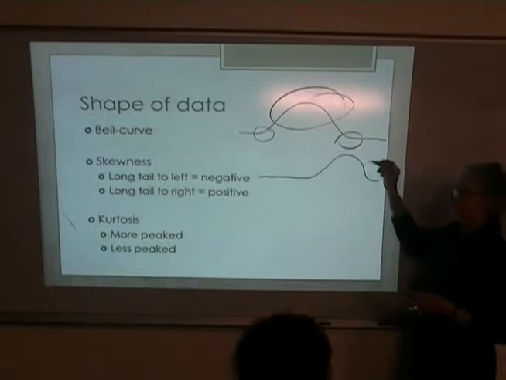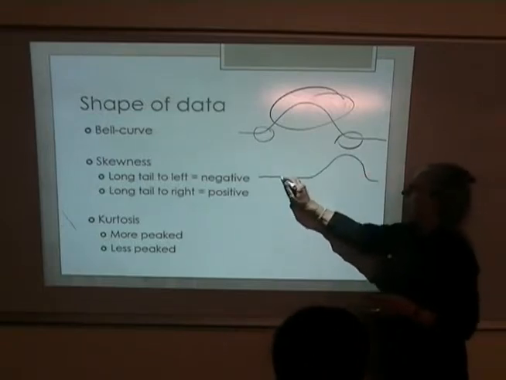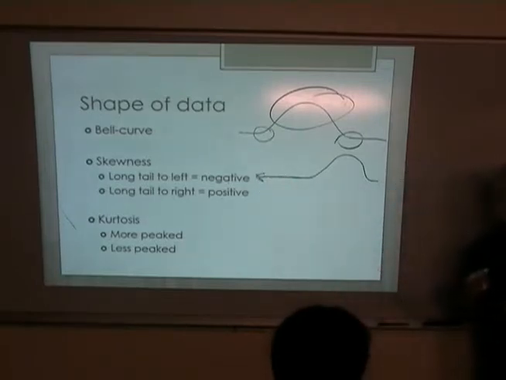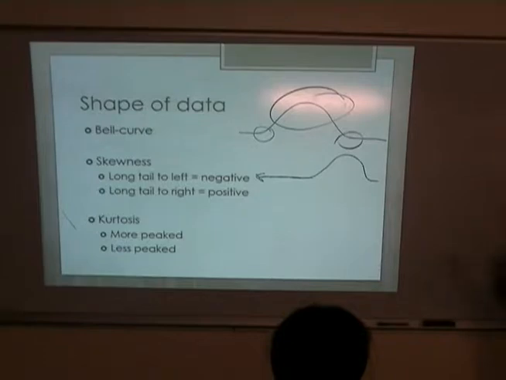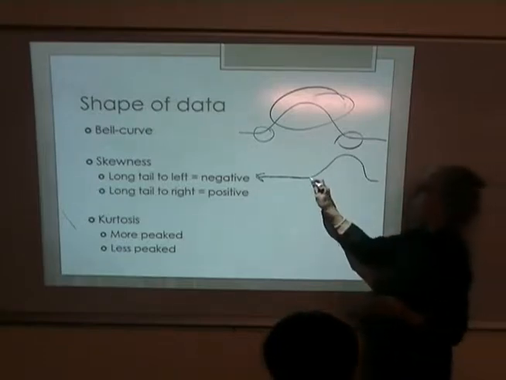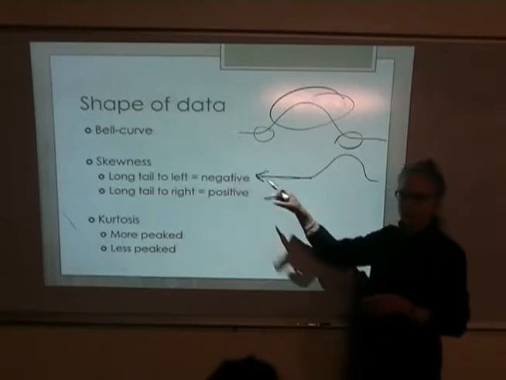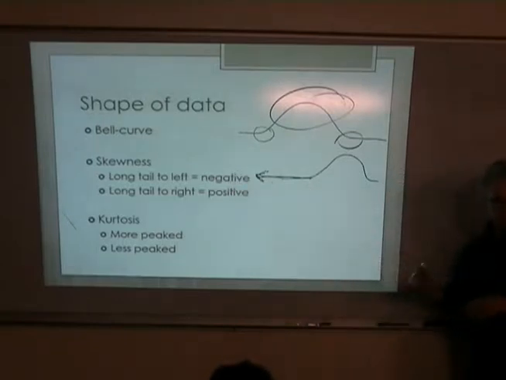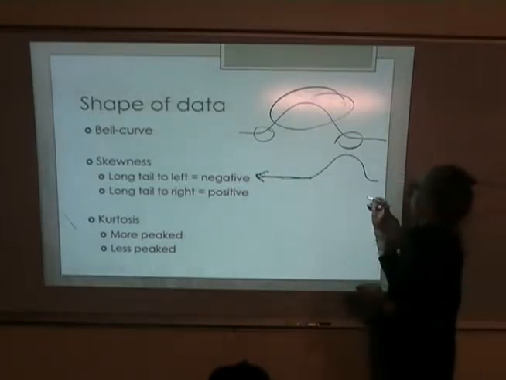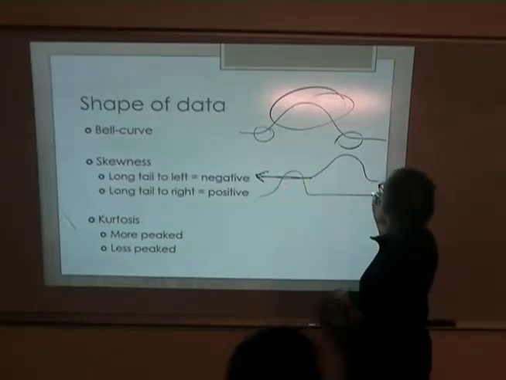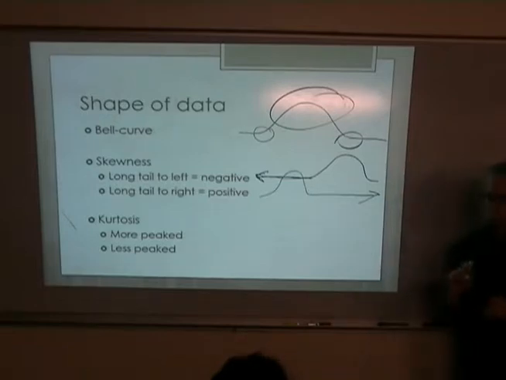The skewness is decided by where the long tail is, which direction it's pointing in. So this is pointing to the left, so that's a negative skew. If my data does this, that's a positive skew.